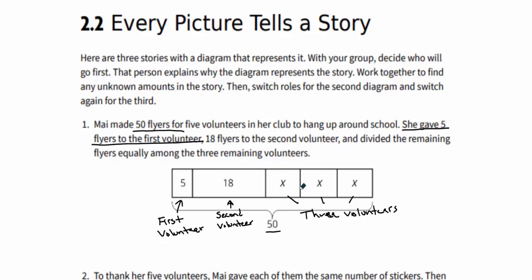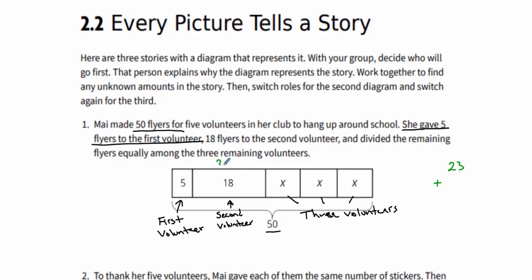So let's see if we can find these unknown amounts, the flyers that were given to the 3 volunteers. We know that this total amount is 50, and this amount here, 5 plus 18, is 23 flyers, plus we have this unknown amount here.